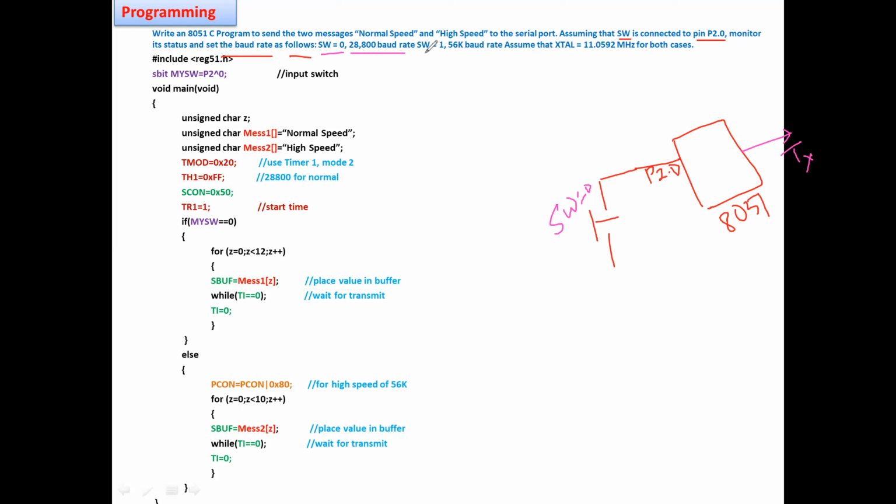Similarly, when the switch is 1, my baud rate should be 56K. Whatever characters you send should be at this baud rate.